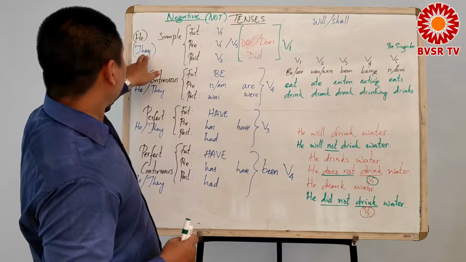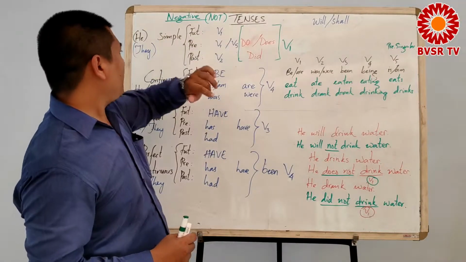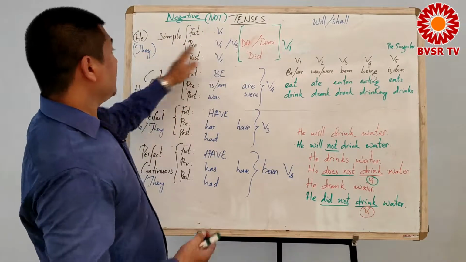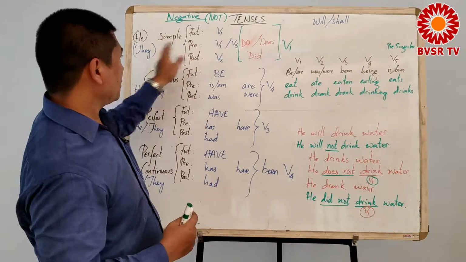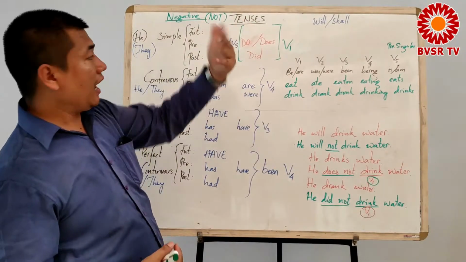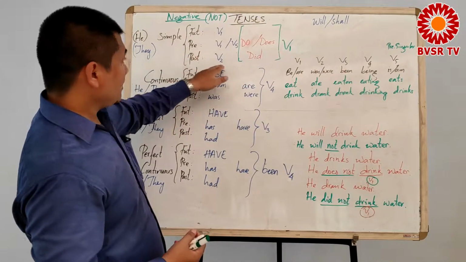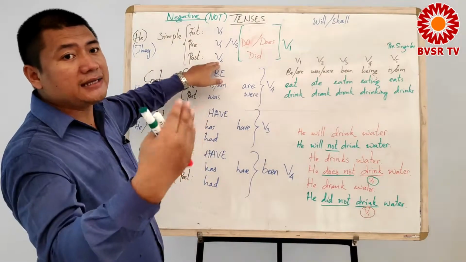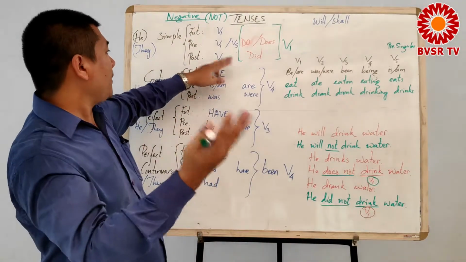And they, plural, they will eat apple. They will not eat apple. Simple. They eat apple. They do not eat apple. They is plural. Therefore, we use the plural form of do. They do not eat apple. Past, they ate apple. That is a positive.